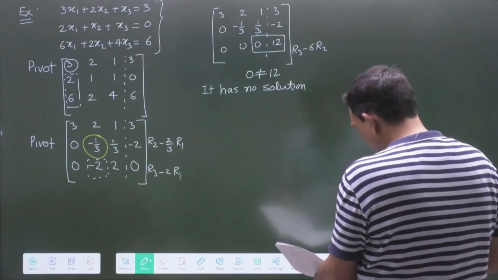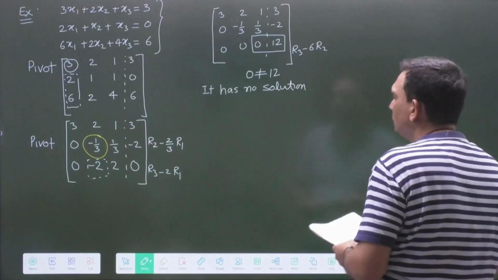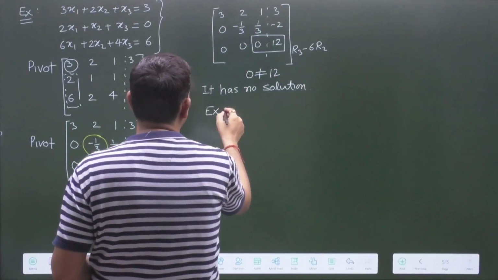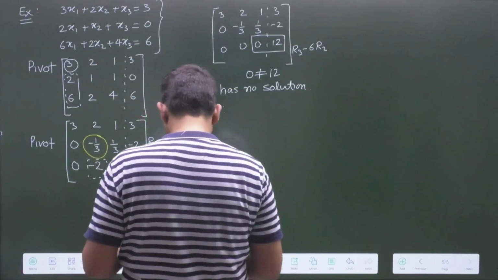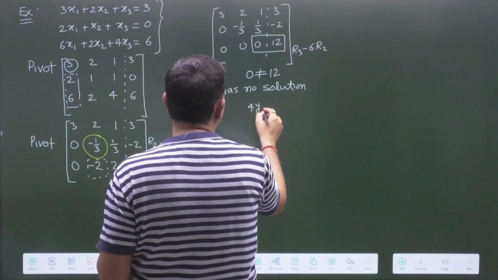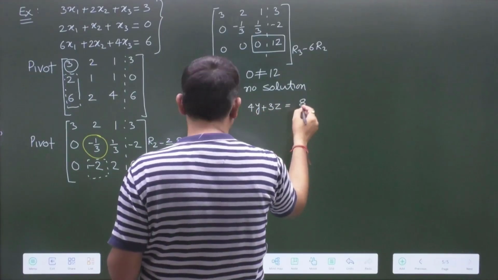So let's take another example here. So here 4y plus 3z is 8.